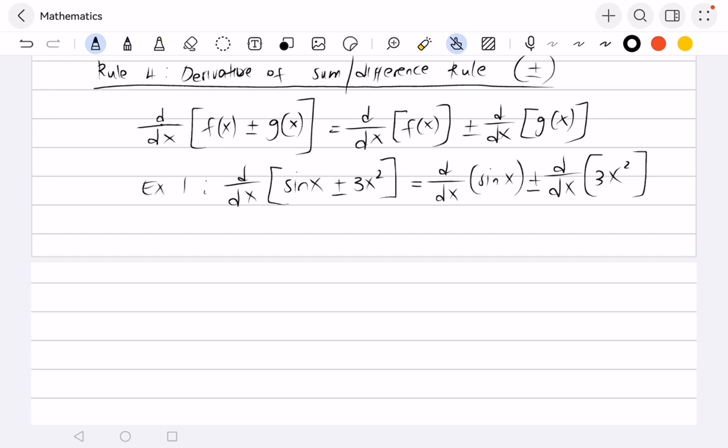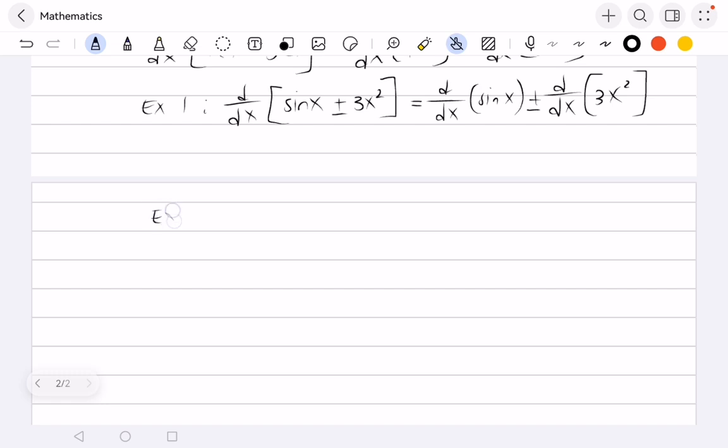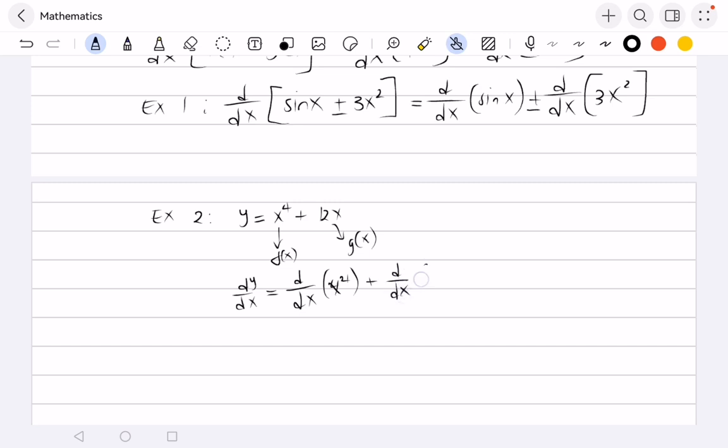For another example, example 2. Suppose you have y equals x to the exponent 4 plus 12x. We're going to treat this as our f of x, and this one will be our g of x. Which means dy over dx of this function is going to be d over dx of x to the 4 plus d over dx of 12x.